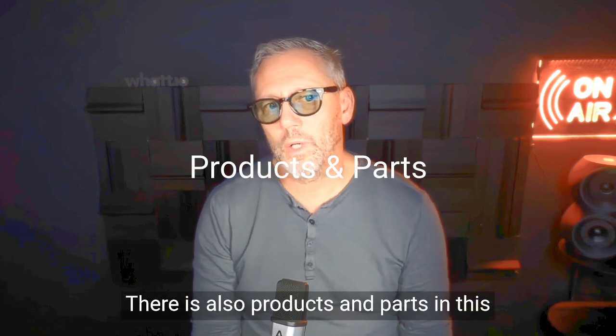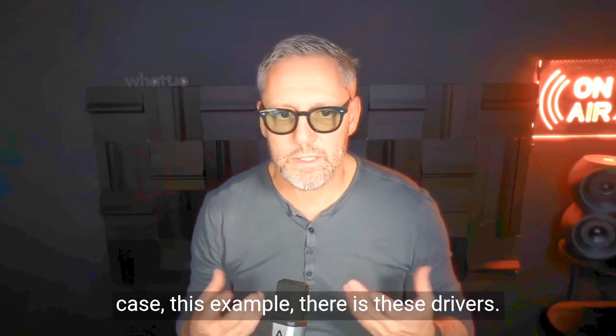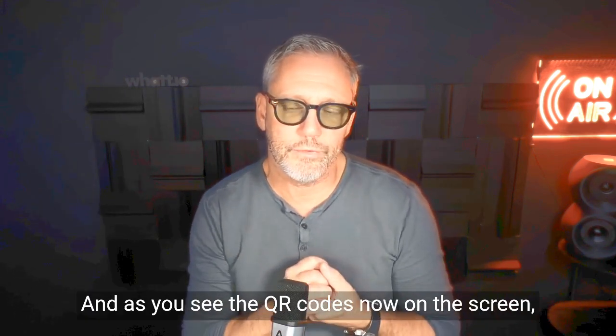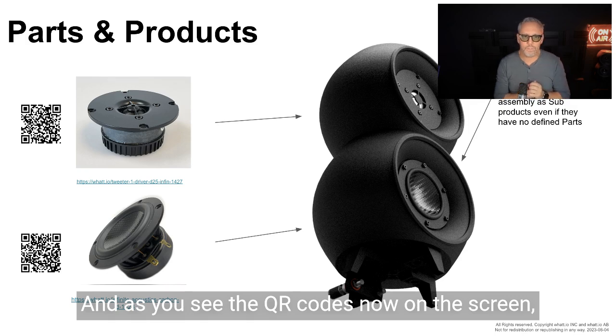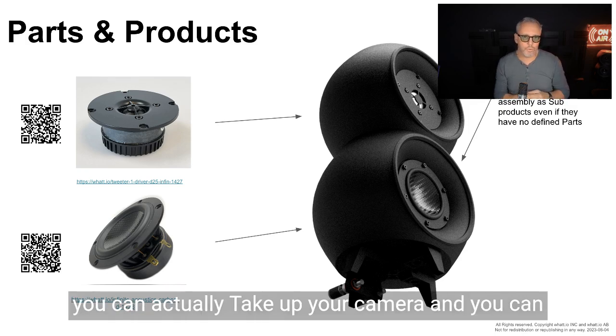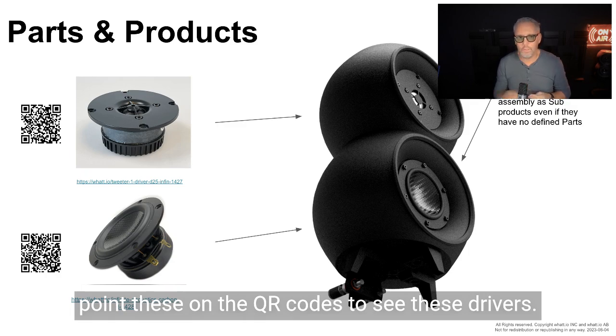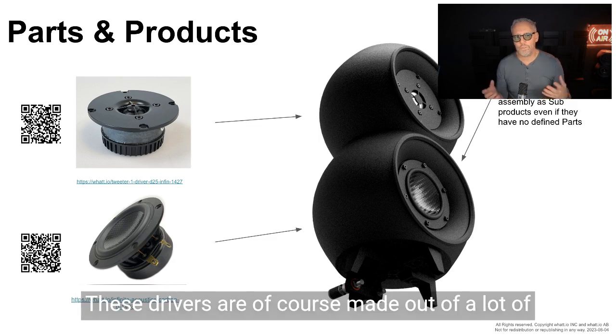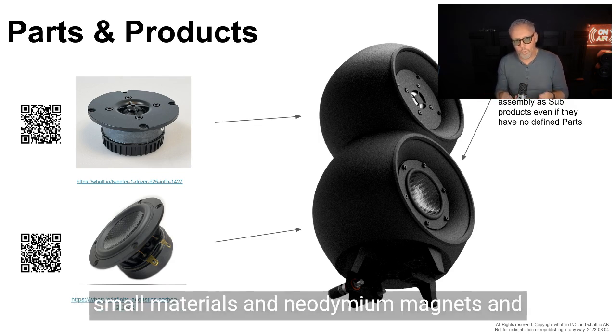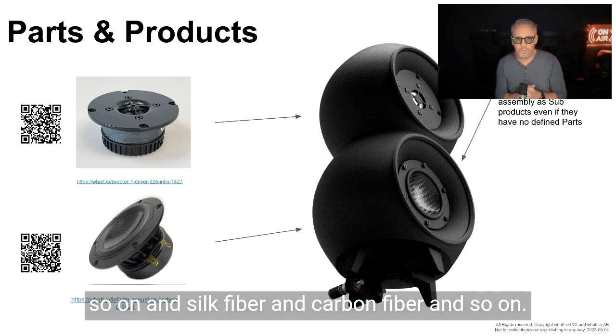There are also products and parts. In this example, there are these drivers, and as you see the QR codes now on the screen, you can take up your camera and point it at the QR codes to see these drivers. These drivers are, of course, made out of a lot of small materials, neodymium magnets, silk fiber, carbon fiber and so on.